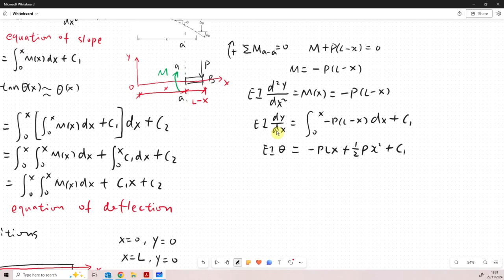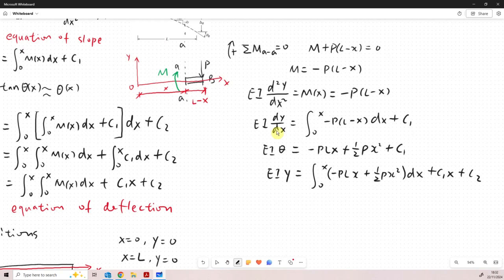After we have this, we do the second integration, and we have EI y equals the integral from 0 to x of the slope expression dx, plus C1 x plus C2.